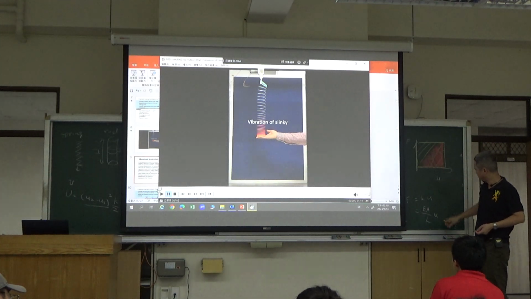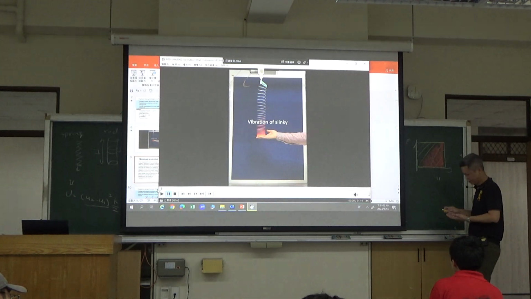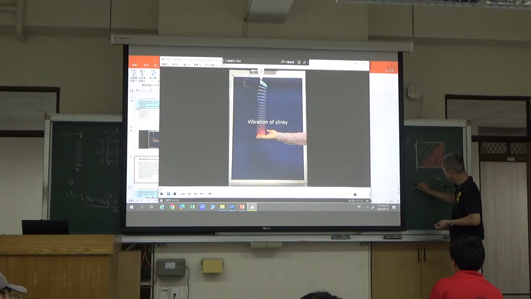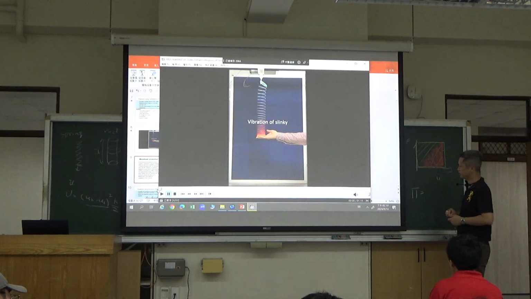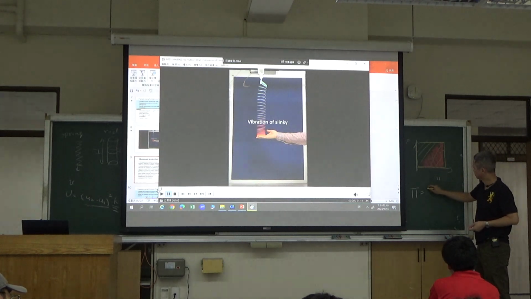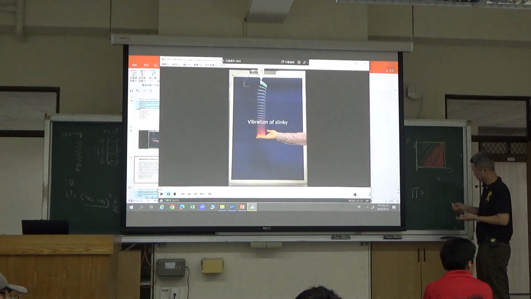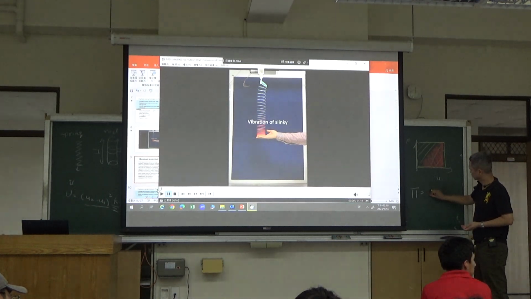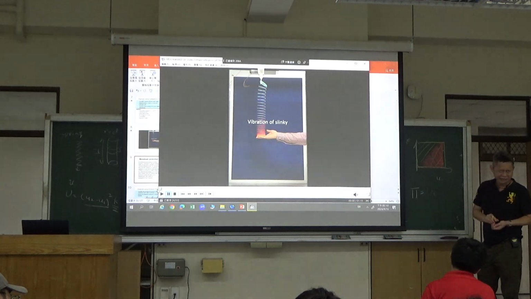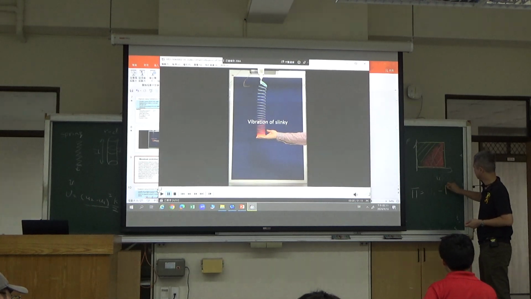So what the total energy method is telling you is the total energy is going to be equal to the strain energy, the one in the red, minus the work done.